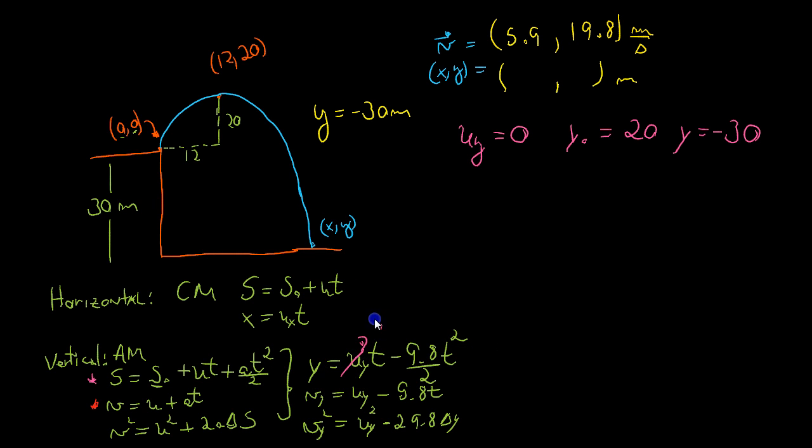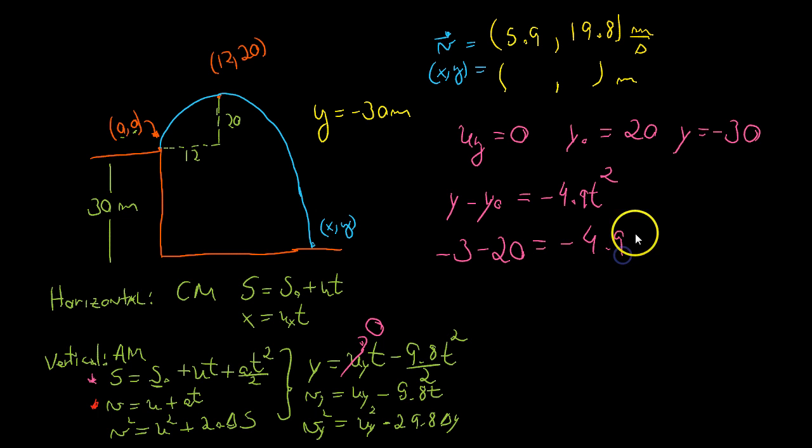We can just cross this. This is 0, and now we do y minus y naught equals minus 4.9 times time squared, right? So this is going to be negative 30 minus 20 equals negative 4.9 times time squared. So negative 50 divided by negative 4.9 is going to be time squared.